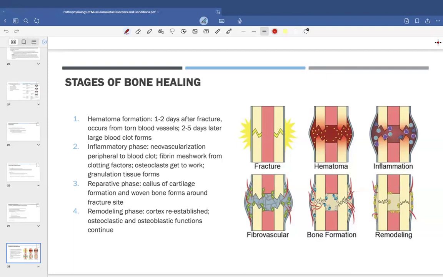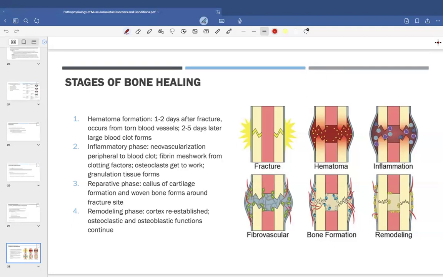And as you get into that reparative phase, you start to see this callus formation. And it's like a big cloud of white, often around a larger space than what you initially saw. And so the calcium will then deposit into this fibrin meshwork as this hematoma resolves, and you'll get cartilage formation, which then continues to calcify.